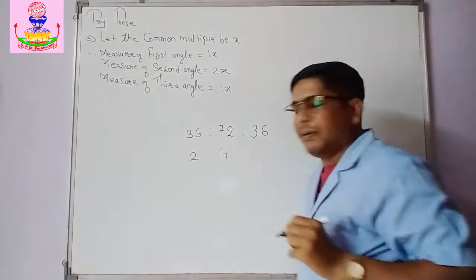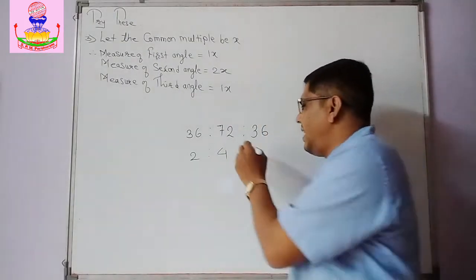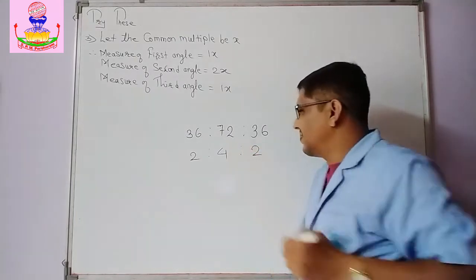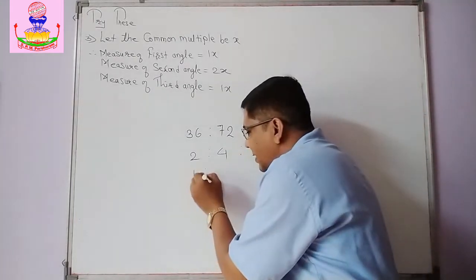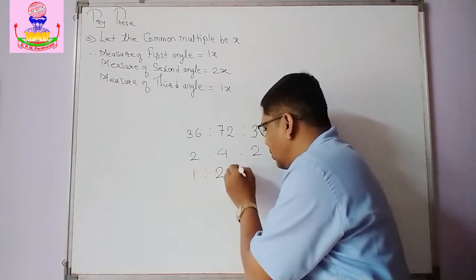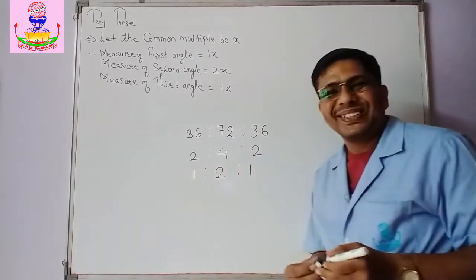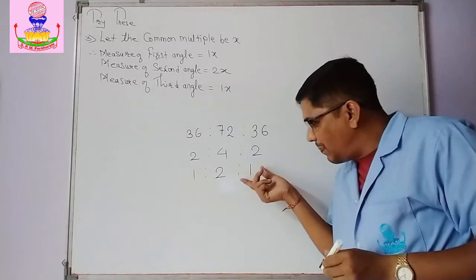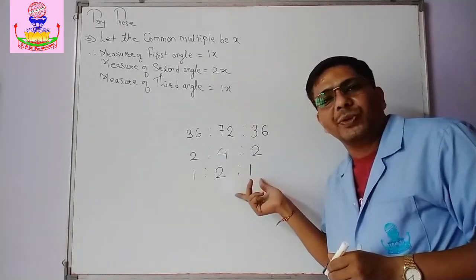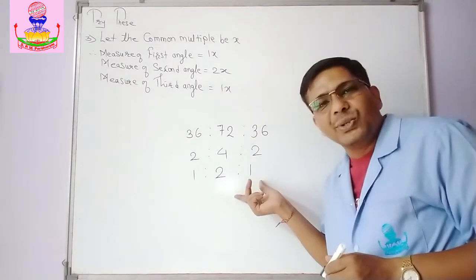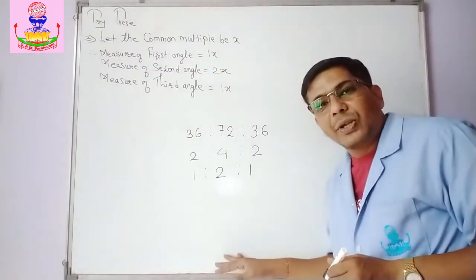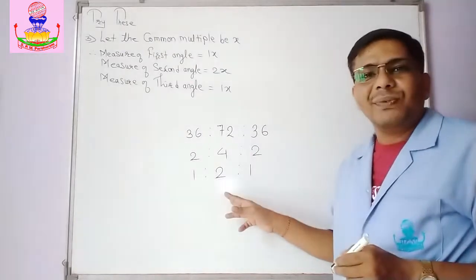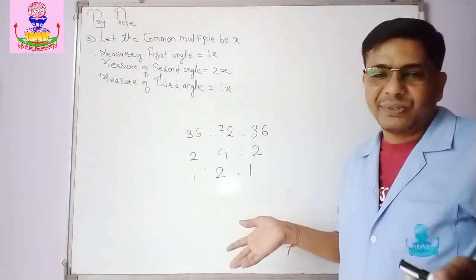Am I right? Yes. 18 fours are 72 and 18 twos are 36. Again they are reducible. 2 ones are 2, 2 twos are 4, 2 ones are 2. So this is the possible reduced form of the ratio, 1:2:1. Now further you cannot reduce.